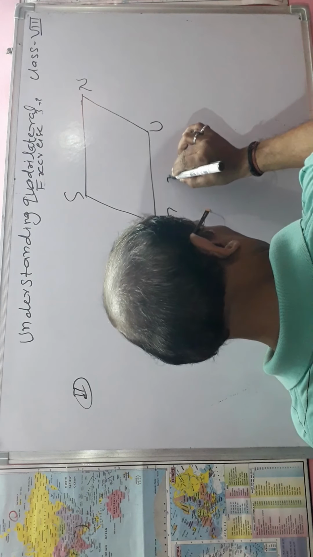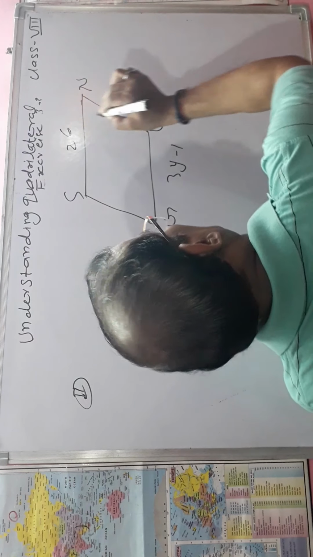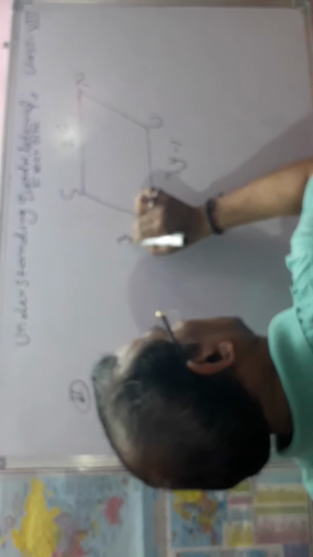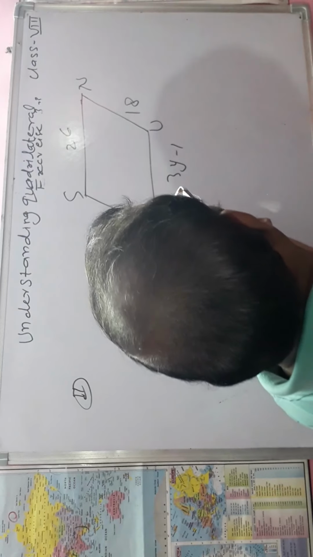GU is equal to 3y minus 1, SN is equal to 26, GS is 3x and NU is 18. Now we will find the value of x and y.